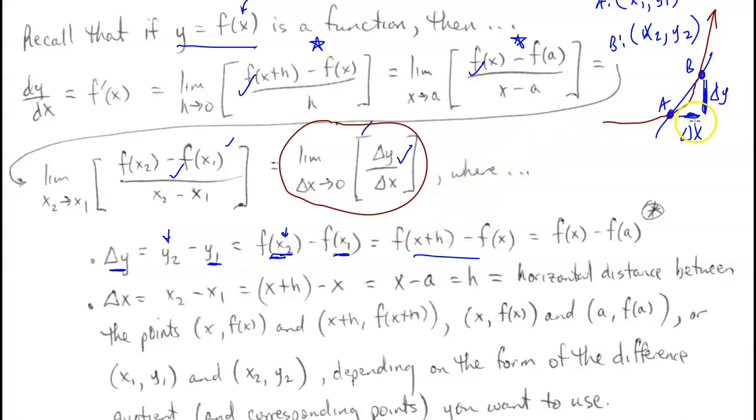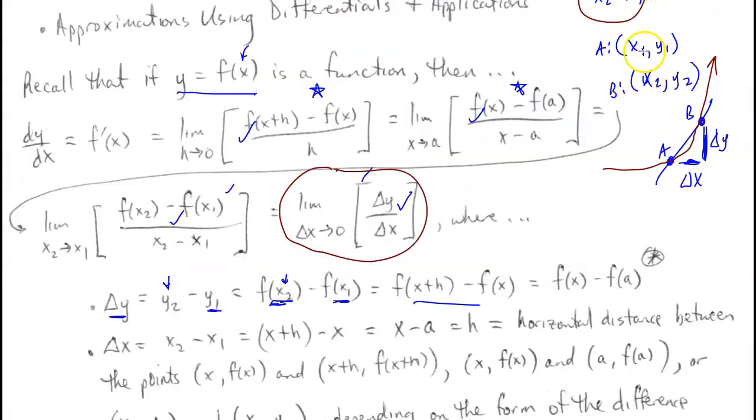Here, if I was expressing my points not as x sub 1, y sub 1, and x sub 2, y sub 2, if I was expressing it as x, f of x as the first point, and x plus h, f of x plus h, as the second point, and to be clear here, this would be my x1, y1, this would be my x2, y2.